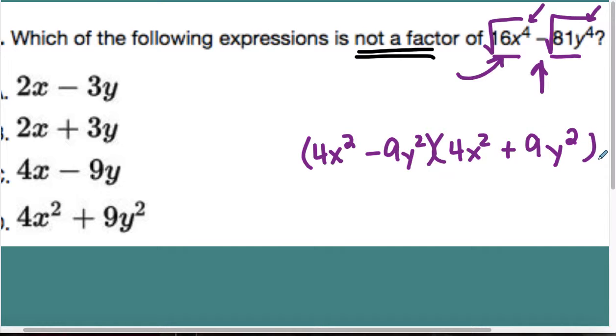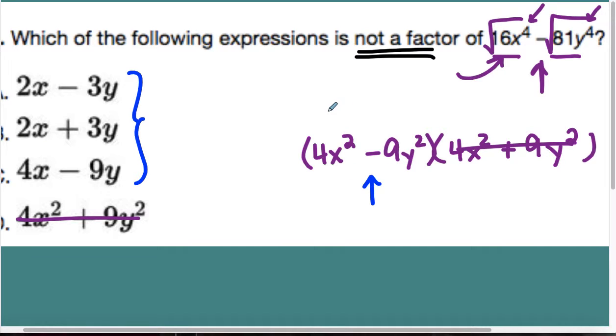Okay, so now I look, and this is actually quite confusing because, well, 4x squared plus 9y squared is a factor, so I know that that's an answer. But if you look really carefully, you can actually keep going with this. Because, like, in the form that it's in right now, all 3 of these are not factors.